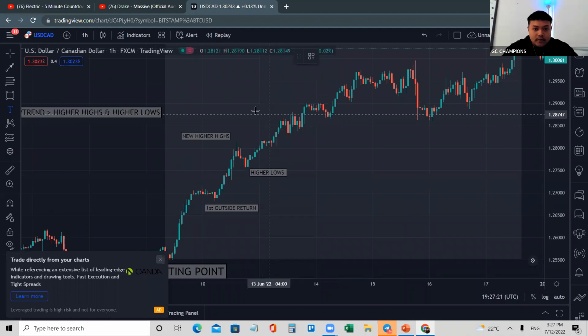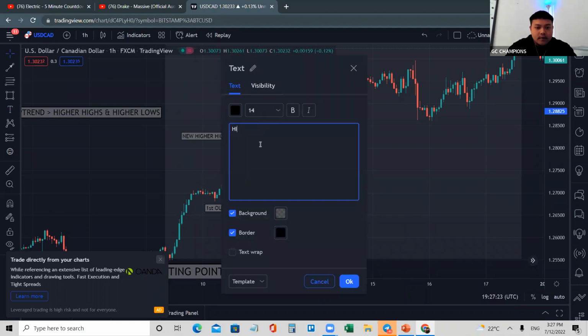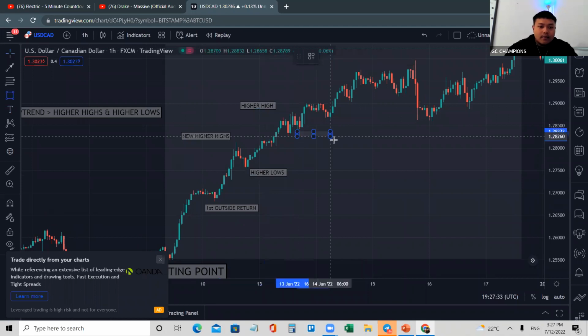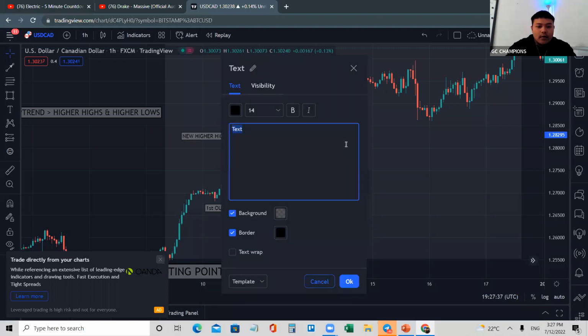This is another higher high, and then it bounced right off again, making an outside return, and then you got another higher low.